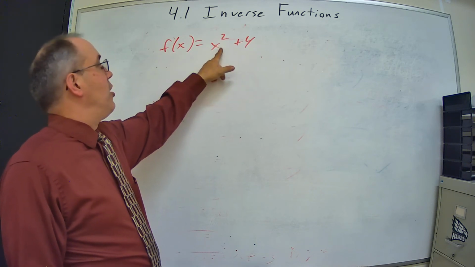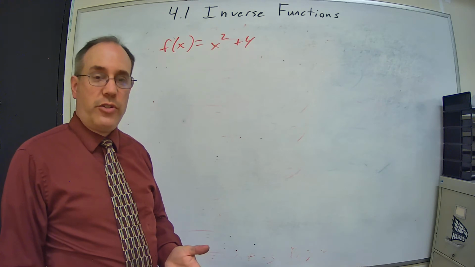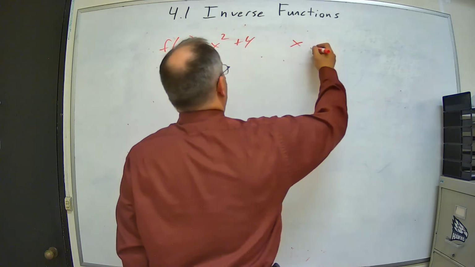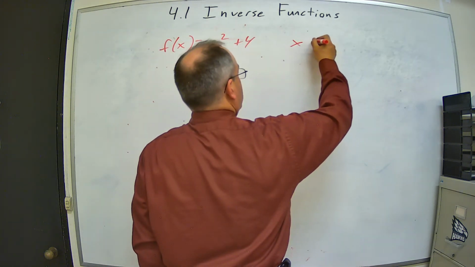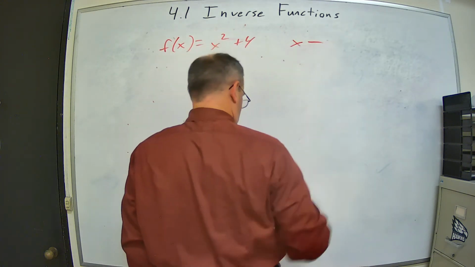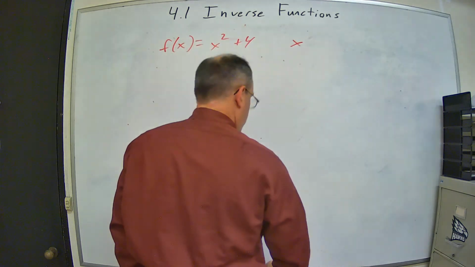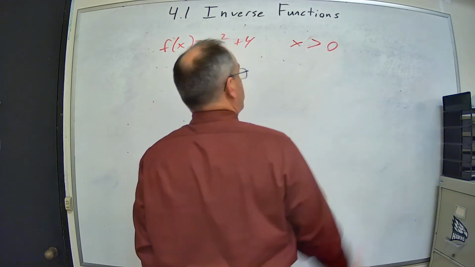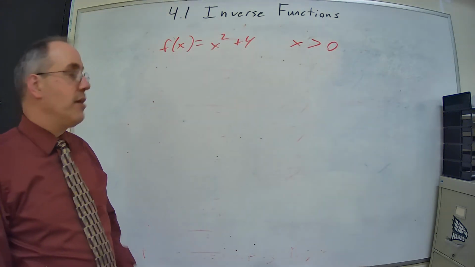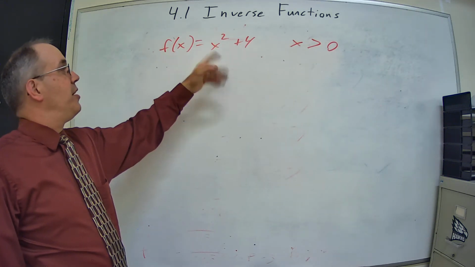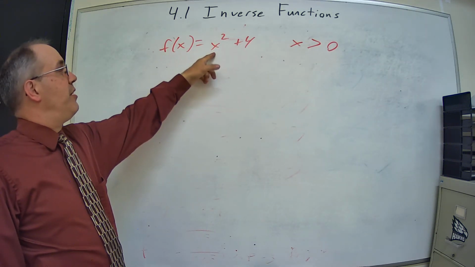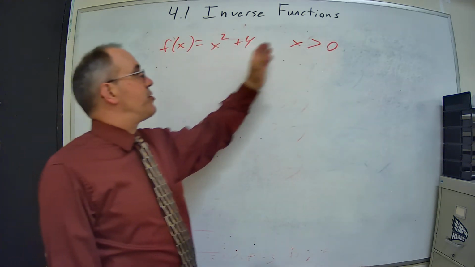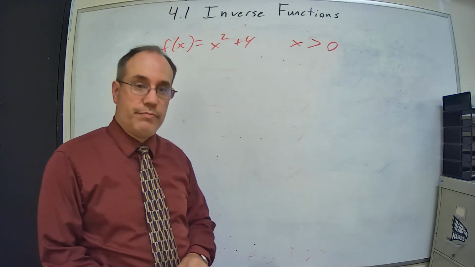So basically, we do need a restriction on this function, and that is that x must be greater than 0. It can't be negative because if it's negative, then it's going to give us the same result as the positive. So we have this restriction that x must be greater than 0.